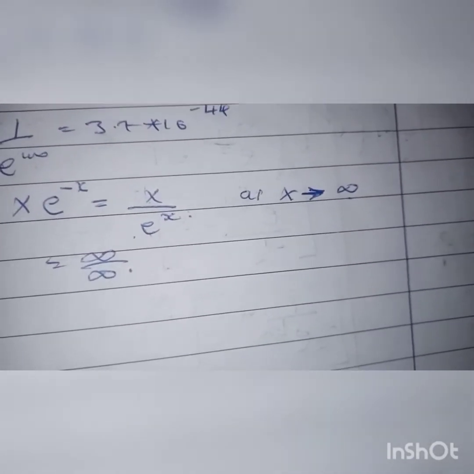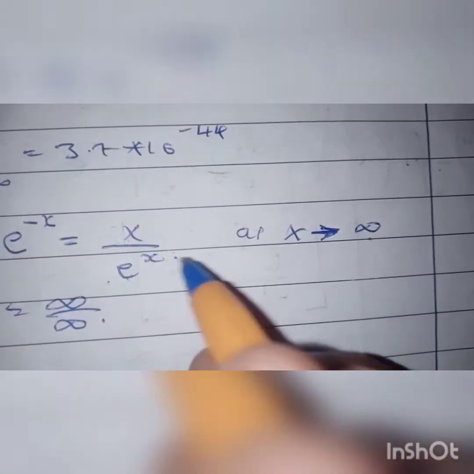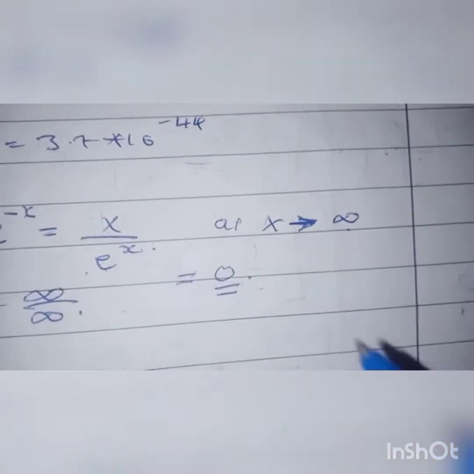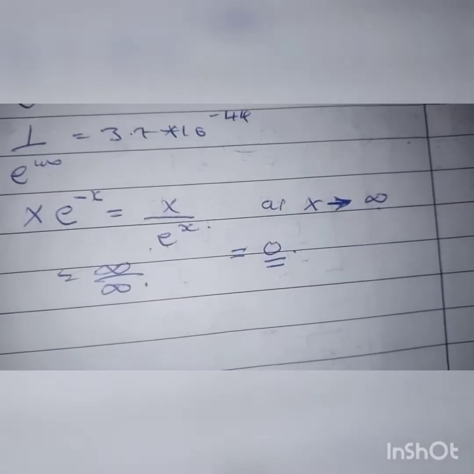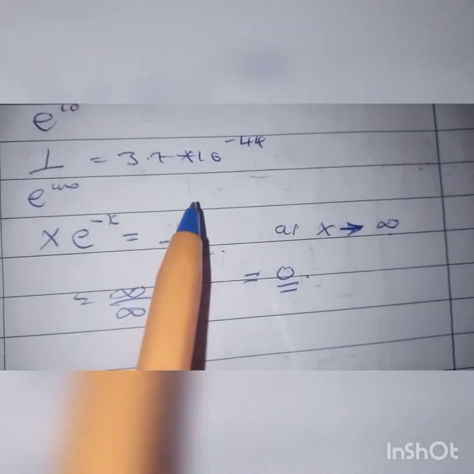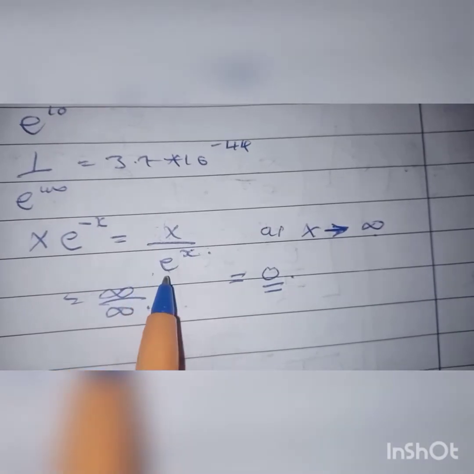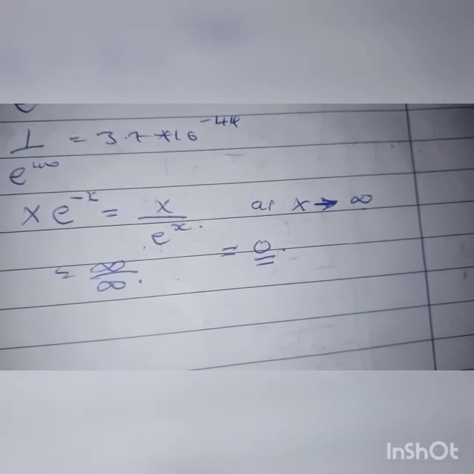Now, let's take an example. I just say that the limit of x over e^x as x approaches infinity is automatically 0. Why? That function keeps on reducing instead of increasing. Why? Between the exponential function e raised to power x and x, the lower function is the one which grows faster.